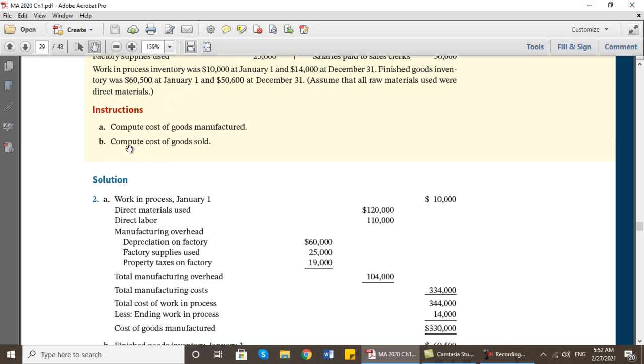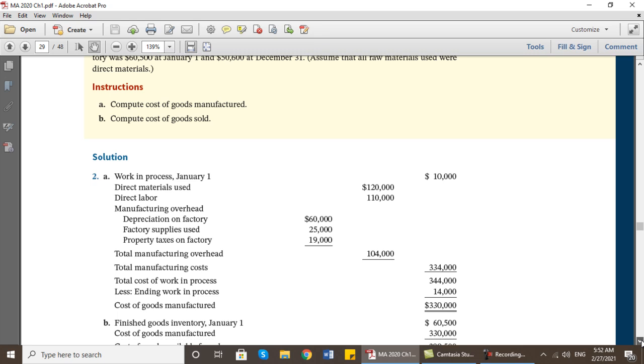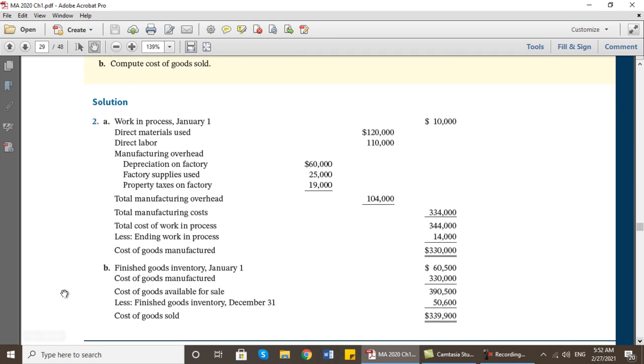Now, compute cost of goods sold. Cost of goods sold, as you see, we begin with beginning finished goods inventory January 1st, plus cost of goods manufactured, 330,000.